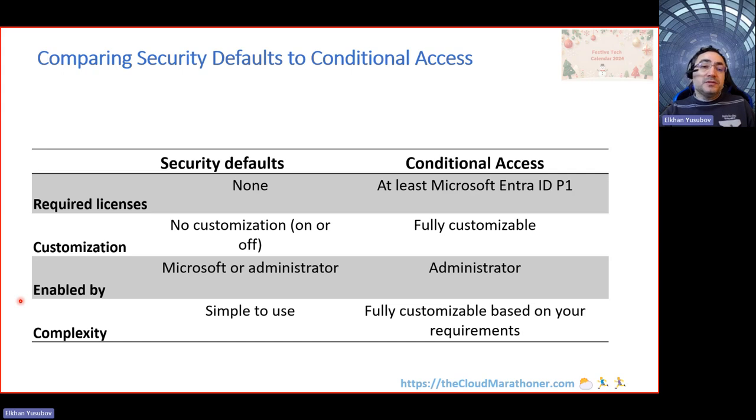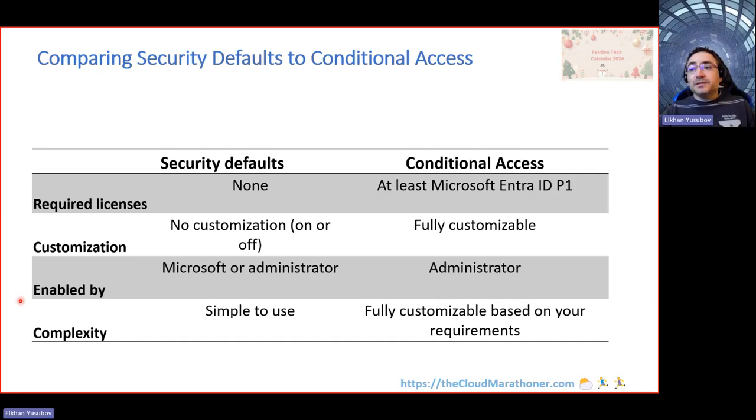And as you see, while security defaults are a good baseline to start your security posture from, they do not allow for the customization that many organizations actually require to operate. Conditional access policies provide a full range of customization that more complex organizations do require.